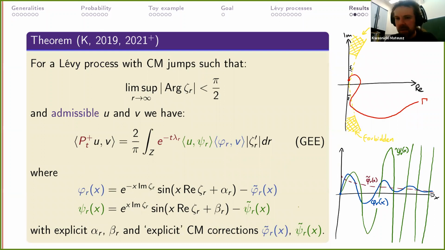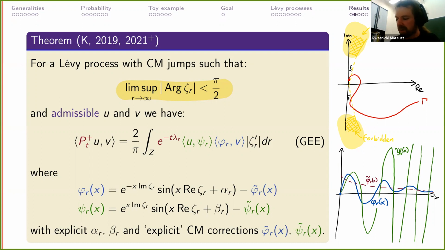So here's the theorem. The theorem tells you that for a possibly non-symmetric Lévy process with completely monotone jumps, satisfying a mild assumption on the spine, so it tells you that the spine avoids this yellow region here and there. So at infinity, the argument of a point lying on the spine does not get close to plus or minus pi over 2.